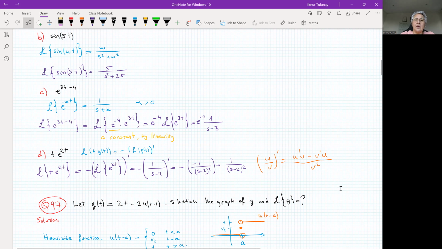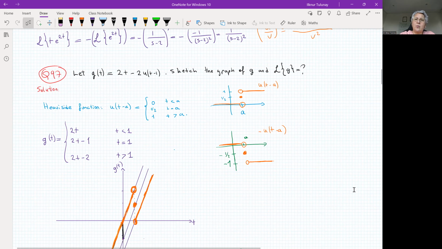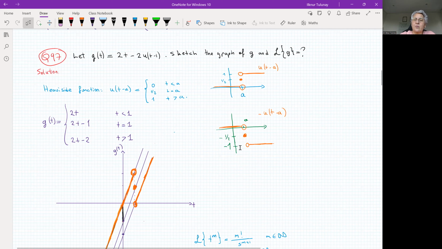Okay. Now, next question. This is a bit more complicated than what we've done before. So the function is given here, g(t) is 2t minus 2 t u(t minus 1). u(t minus 1) here, as you've done in the lectures, is a Heaviside function.